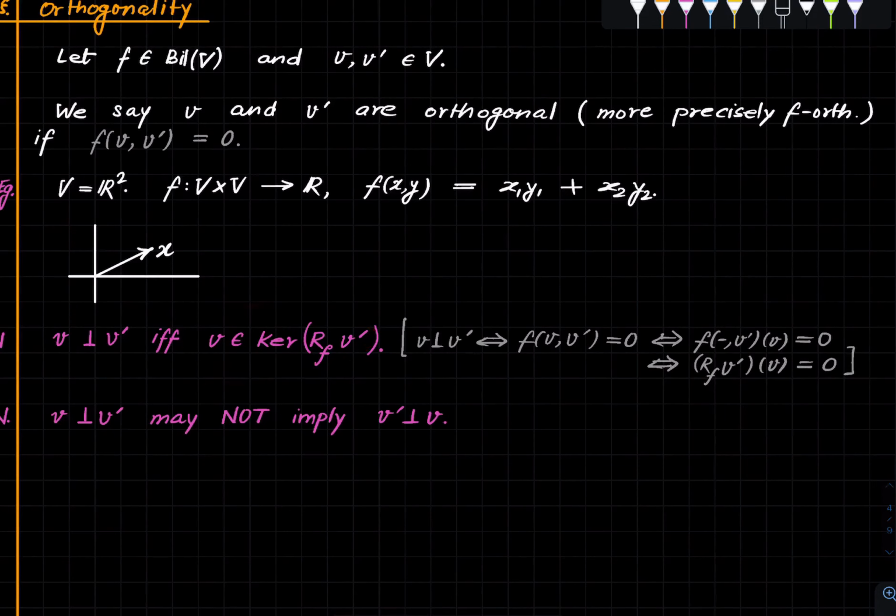So that's the reason for this equivalence. And one thing I also want to note is that here the order is important. If you say V is orthogonal to V prime, in general, it does not mean that V prime is orthogonal to V. Okay, and here is an example. Let alpha and beta be in R, and consider this one.